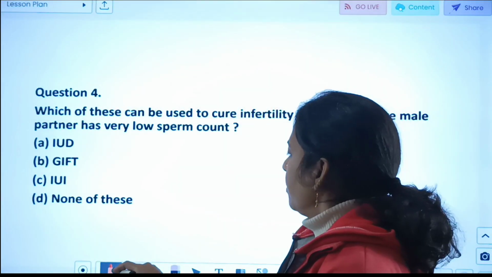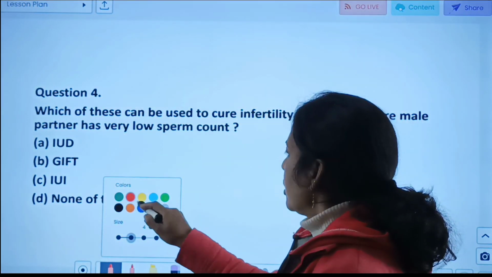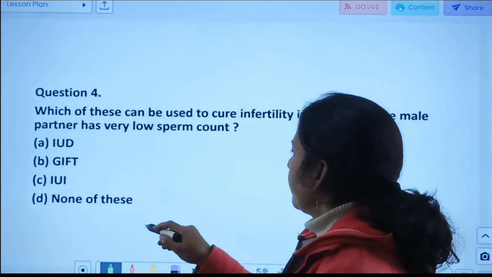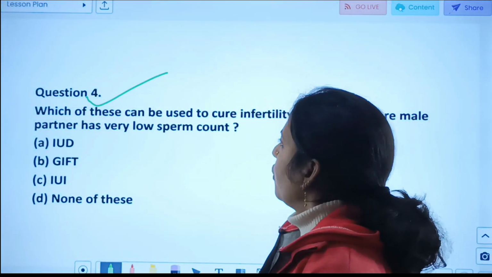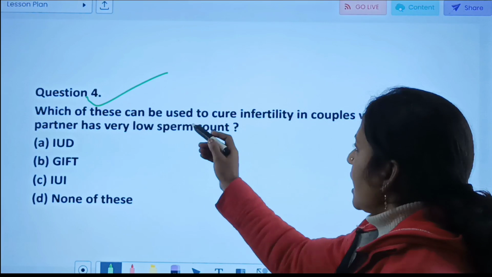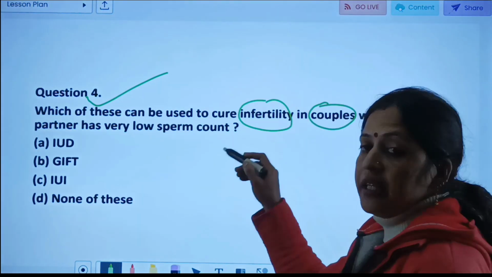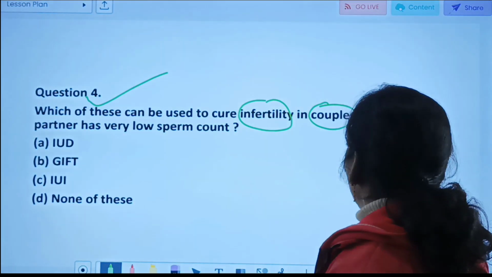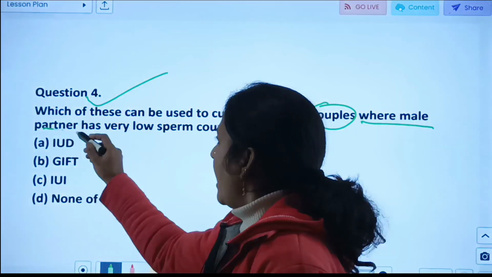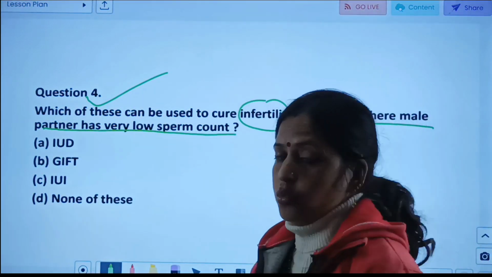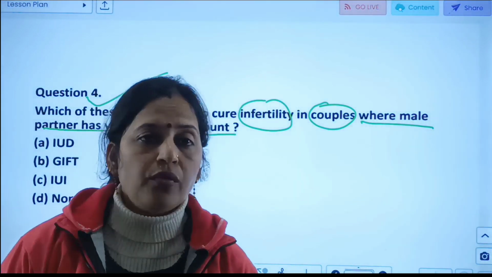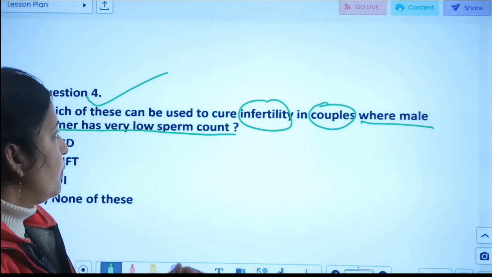Now shift to the question number 4, and your question number 4 is which of these can be used to cure infertility, especially infertility in the couples where male partner has very low sperm count? It is your question number 4, and I repeat my question number 4.